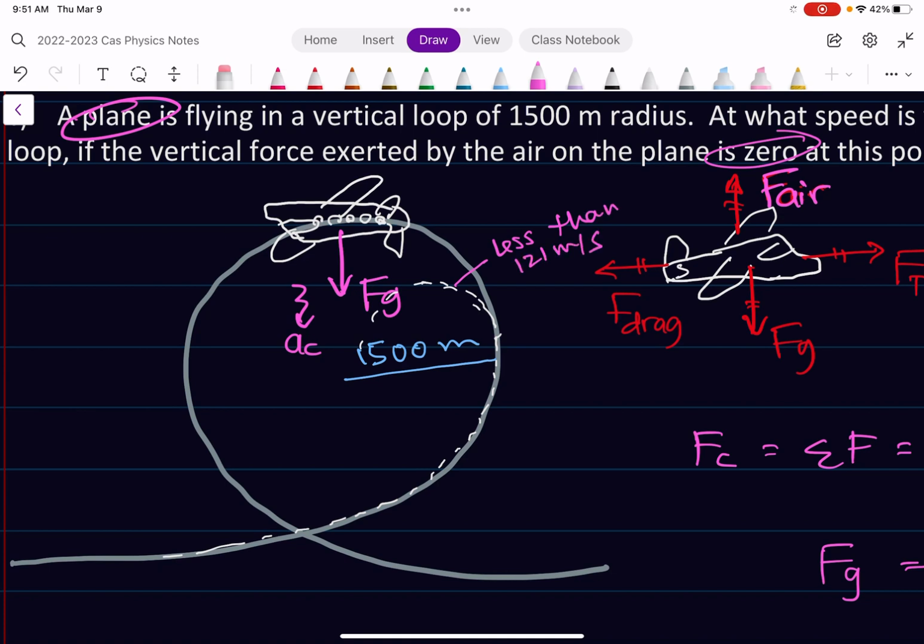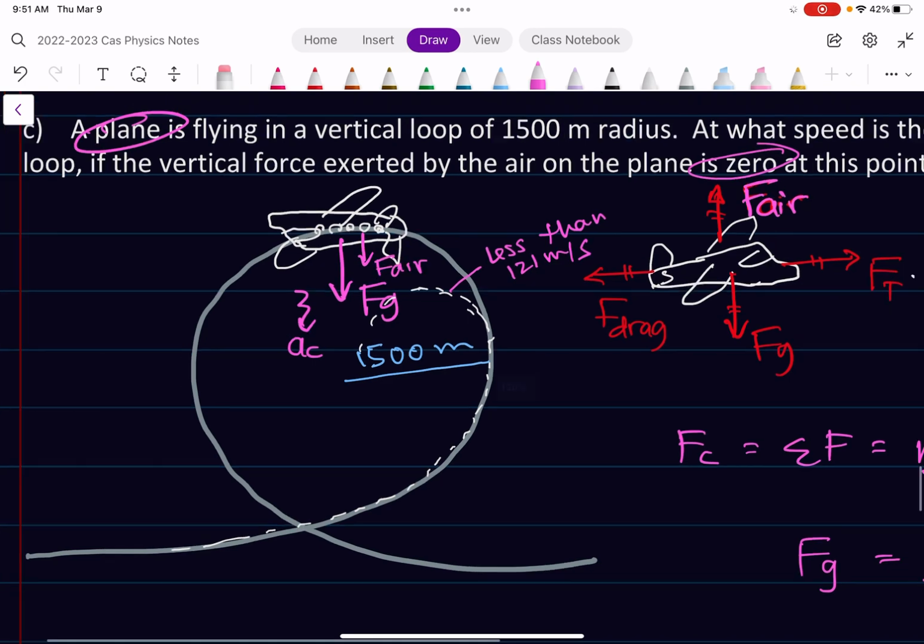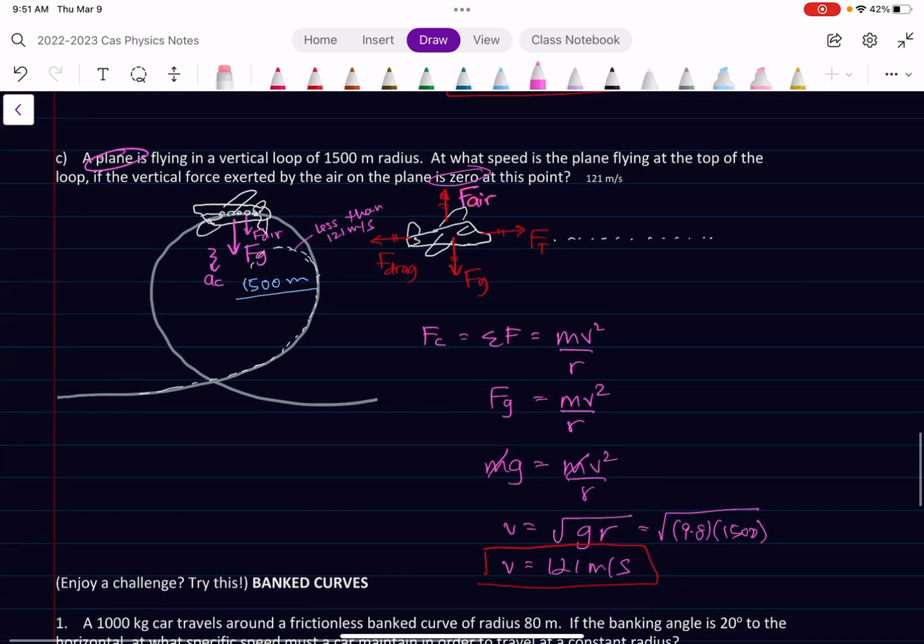If it's going more than 121 meters per second, and the pilot still wants to execute this same radius loop, you would then need to add an additional force, and that would be the force of the air. In this example, the force of the air would come back into play, and that would be required in order to make it around the loop. But if it just hits that sweet spot of 121 meters per second, it can just make it around the loop. And basically, this is the same example.